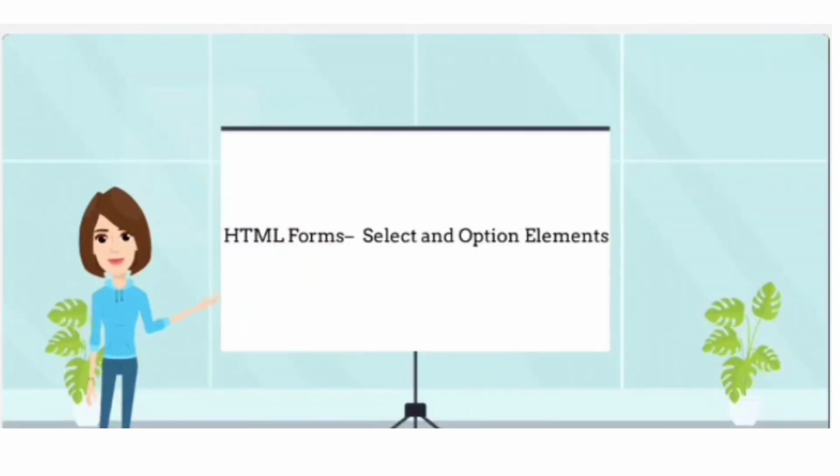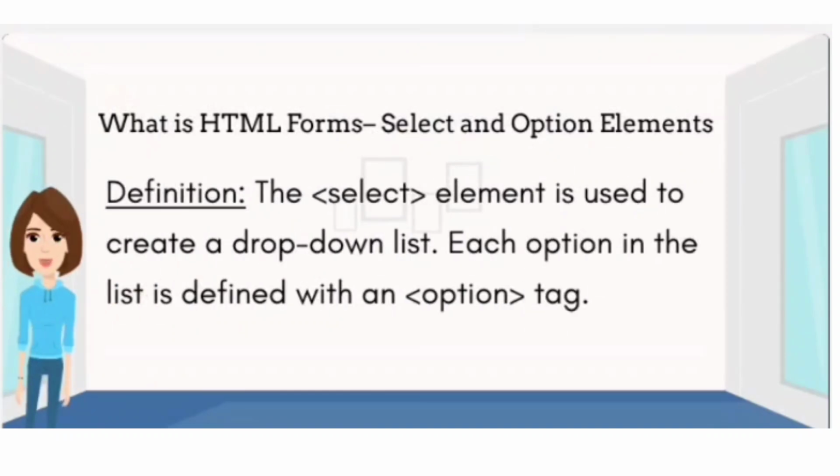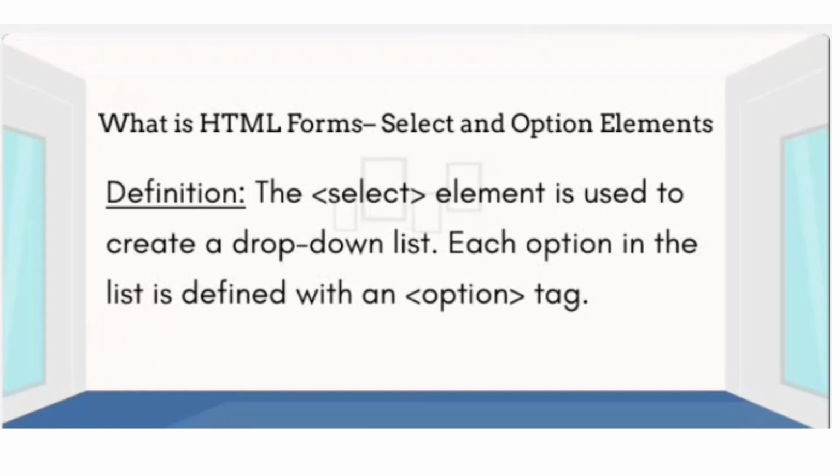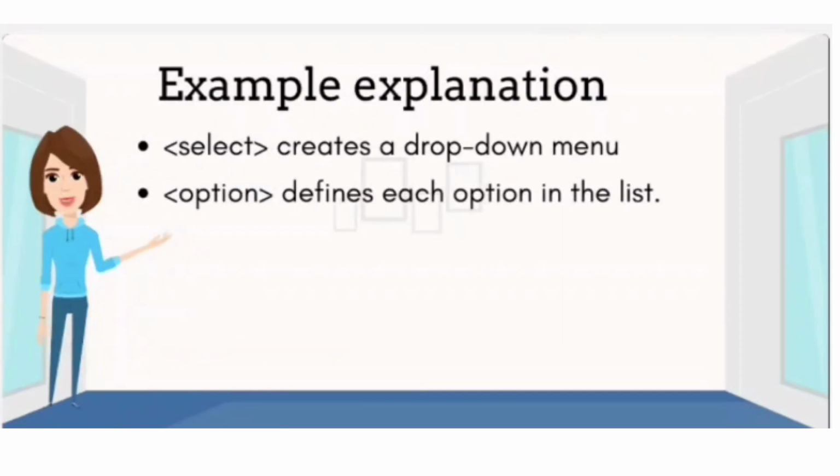HTML forms, select and option elements. What are HTML forms select and option elements? The select element is used to create a drop-down list. Each option in the list is defined with an option tag. Here is the example. Here is the explanation.